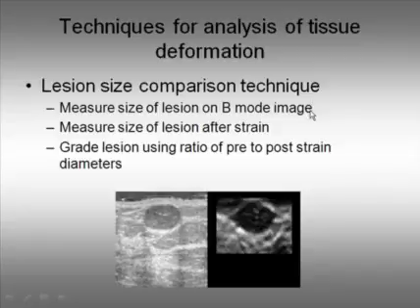And this very simply, as the name implies, involves measuring the size of your lesion on your B mode image prior to applying pressure, and then measuring the size of the lesion while you are applying pressure. And then you can grade the lesion based on the ratio of the size pre and post strain.